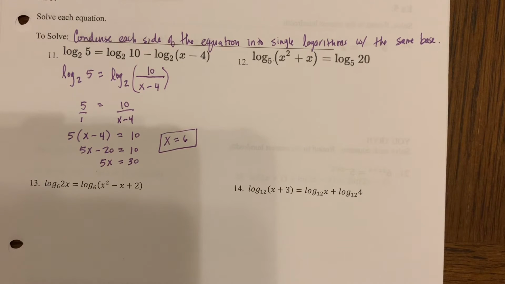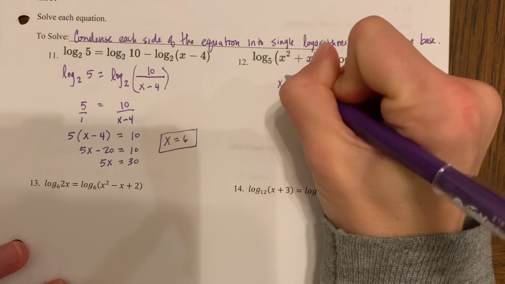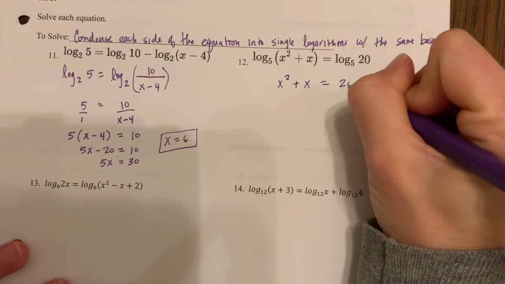In problem number 12, I have log base 5 of x squared plus x is equal to log base 5 of 20. Each side is already written as a single log, so there's nothing I have to combine together. Since both logs have the same base, I can set the quantities x squared plus x and 20 equal to each other.